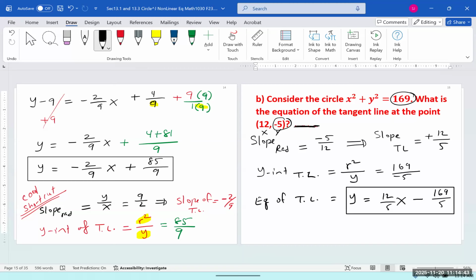Everything on the right page. First, slope of the radius. Then how do I know what you did? How would I know what you did if you don't show work? This is what I want. What's the slope of the radius?